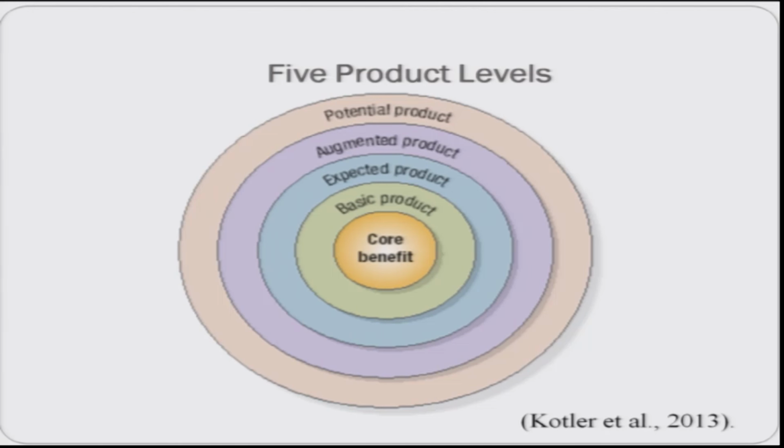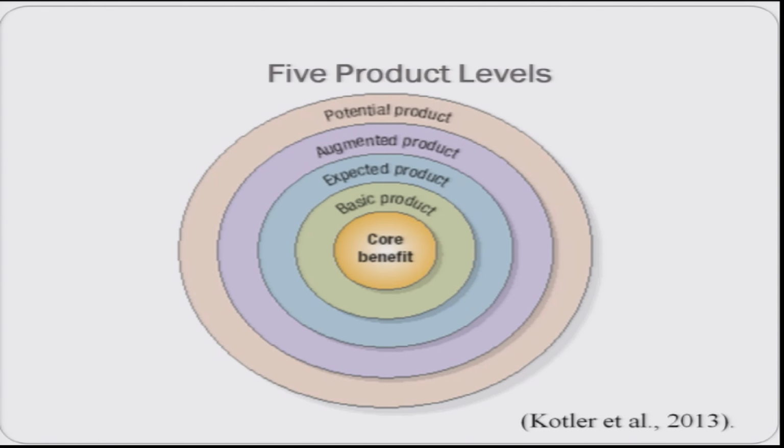And when a customer expects in a competitive scenario that a product will have certain features, or will include certain things, it takes the form of the expected product. Then the next is the augmented product, which sellers add to the expected product so that their offering is differentiated from the competitive offerings.